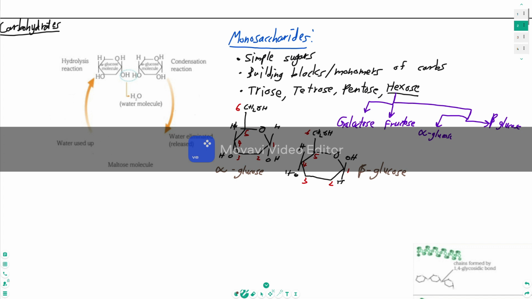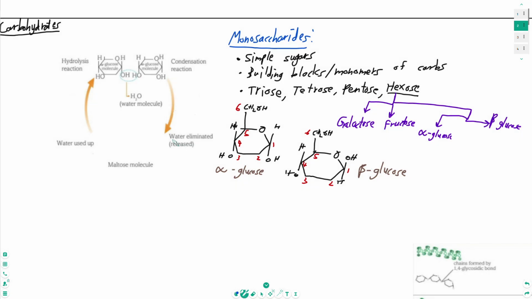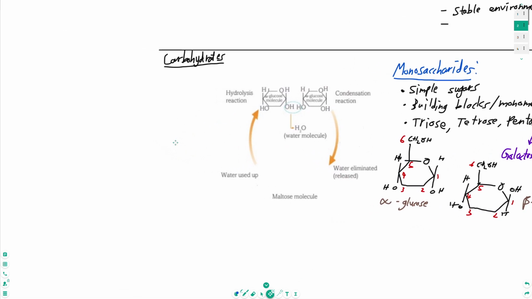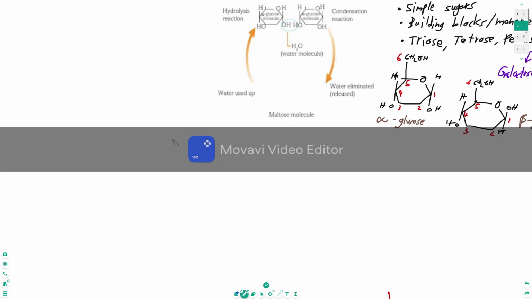So now we're going to look at glycosidic bonding. That was all on monosaccharides. Now we're going to look at disaccharides and glycosidic bonding. So disaccharides we'll talk about over here in this far section.